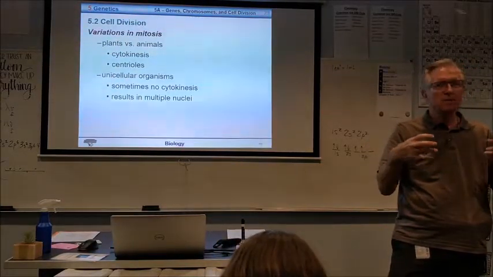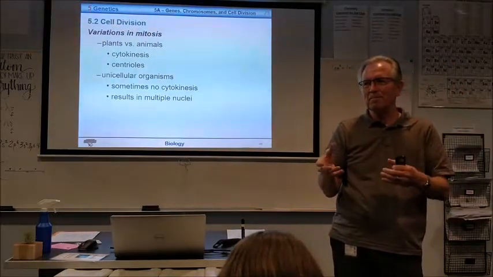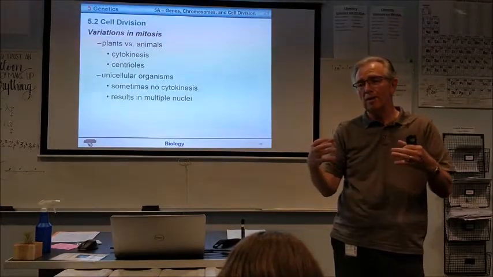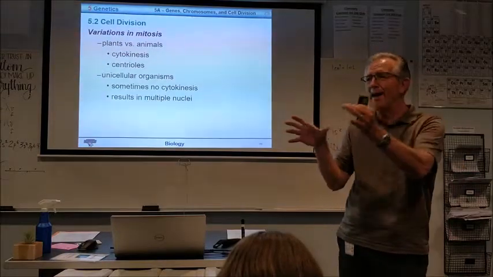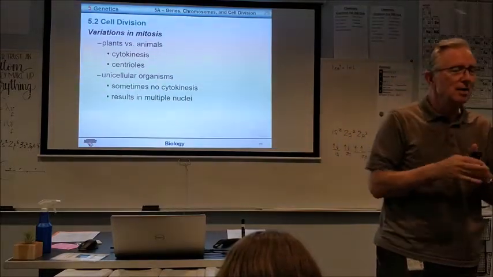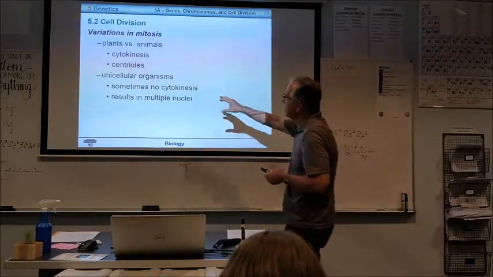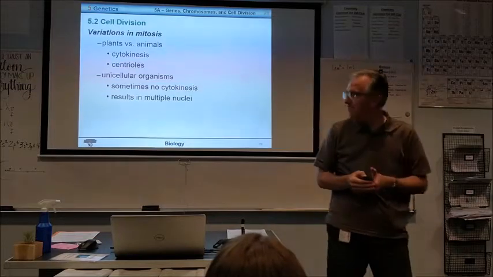So you can have this kind of blob, a cell that's large, but with different nuclei nearby controlling that area instead. So it actually doesn't divide into individual cells. But only some one-cell organisms do that. Not all of them, some of them do.